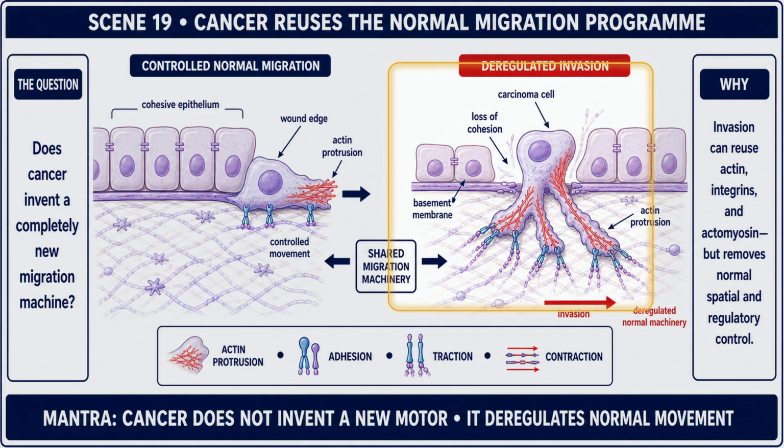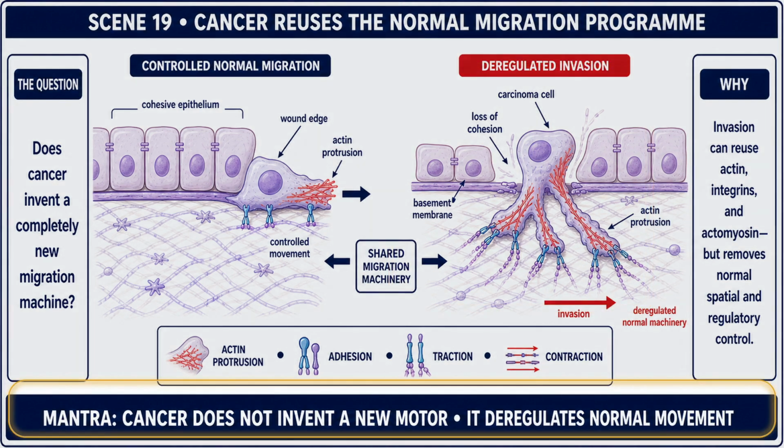The machinery is familiar. The context is pathological. What changes is where movement occurs, when it stops, and whether tissue boundaries are respected. Invasion is deregulated normal movement, not a completely separate cytoskeletal program.